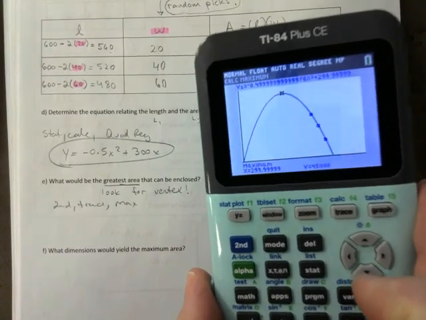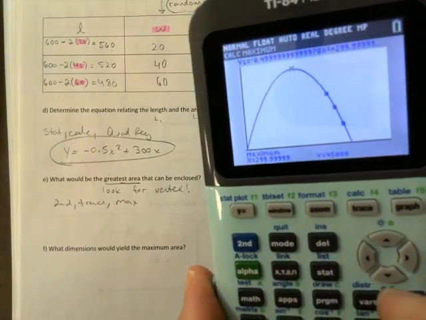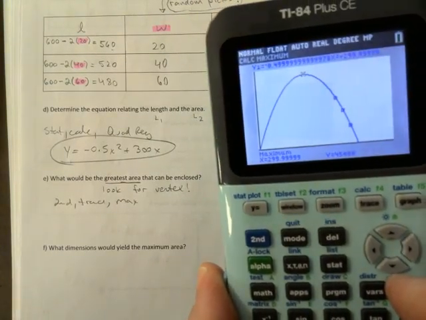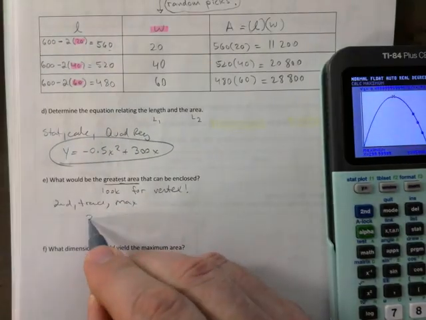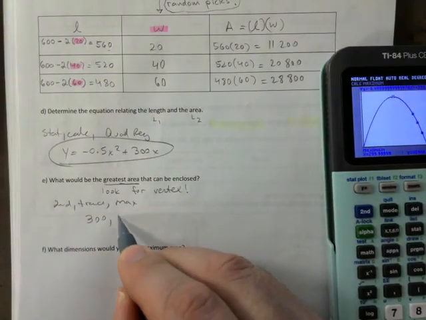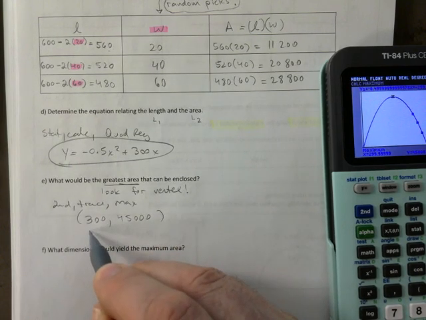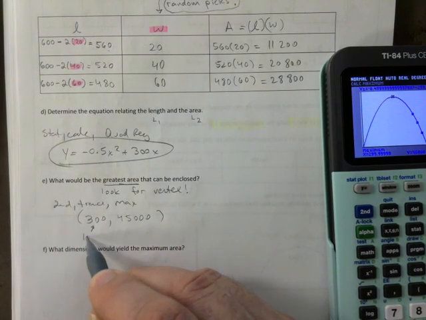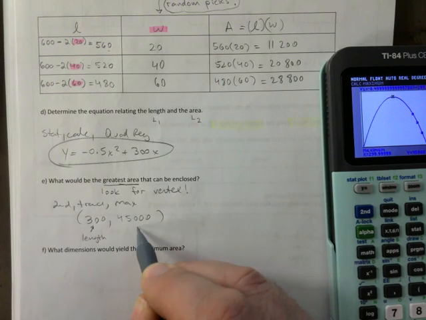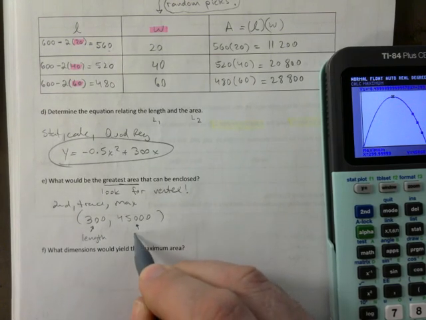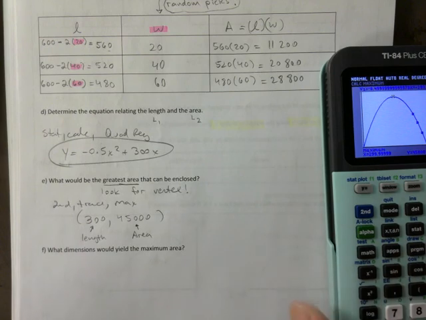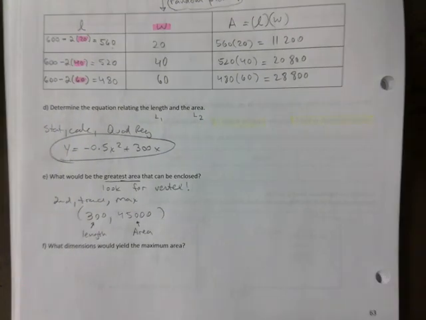It sounds like a retail store, right? But that's definitely 300 rounded. So that'd be 45,000. And if you think about it, this is length, and this is not width, but area. Okay? That's what you just found. You found actually the maximum area.